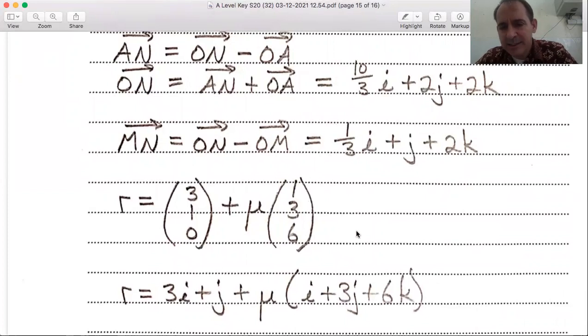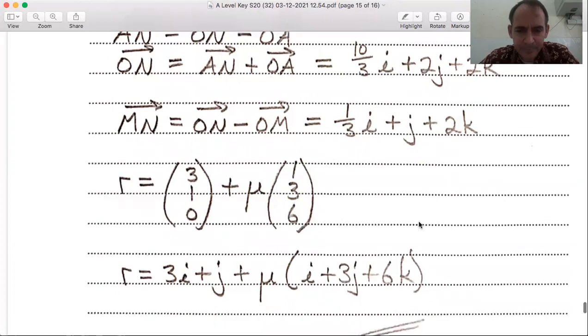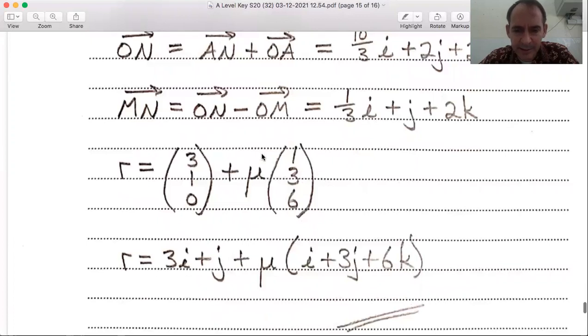Now, what I did is instead of putting a fraction in, I factored out the 1/3, and put the 1/3 in with this constant. This constant is really any multiple of these numbers. So when I factor out the 1/3, that leaves us with 1, 3, and 6 as the direction of the line.